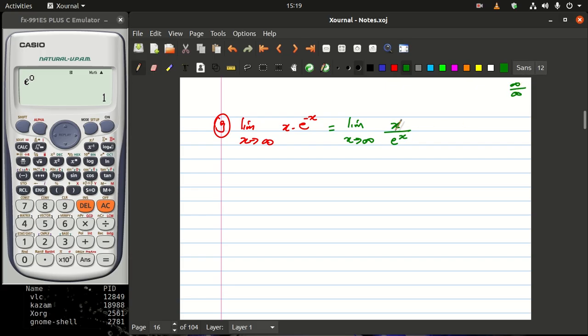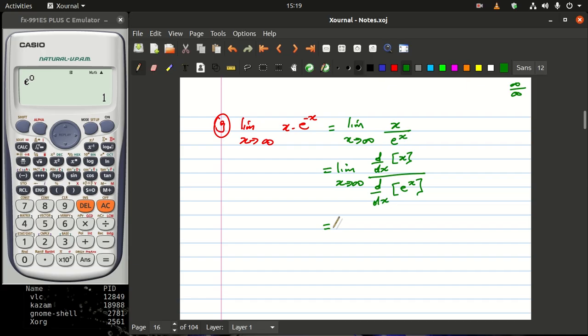So I have infinity over infinity, which means I can use L'Hopital's rule and say that I'm looking for the limit as x approaches infinity of this. Now I take the derivative of that with respect to x, and I divide this by the derivative with respect to x of e to the power x.